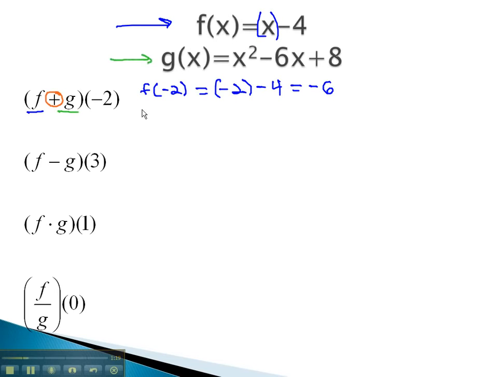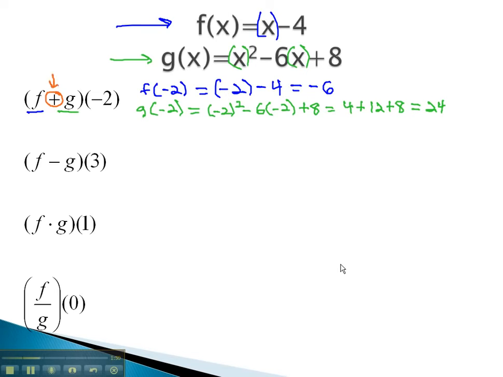g of -2 means we plug -2 in the g function to get -2 squared minus 6 times -2 plus 8, as we replace each of the x's with -2. Notice -2 squared is 4, plus -6 times -2 is 12, plus 8, and we end up with a total of 24.